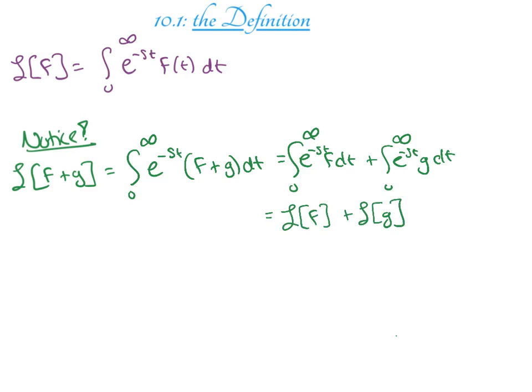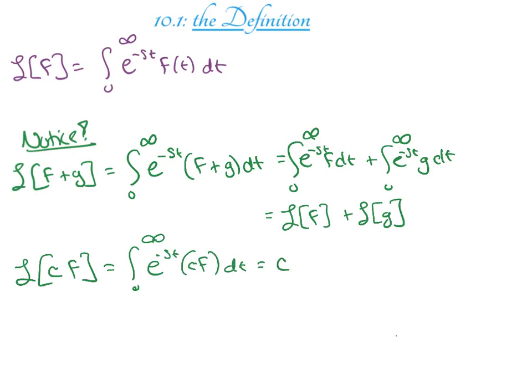Cool. You probably know what I'm going to do next. The Laplace of a constant times a function would be the integral 0 to infinity e to the negative st times the constant times that function, which you can of course factor out to be the constant times the integral, e to the negative st times f of t dt, which is the constant factored out of the Laplace transform.